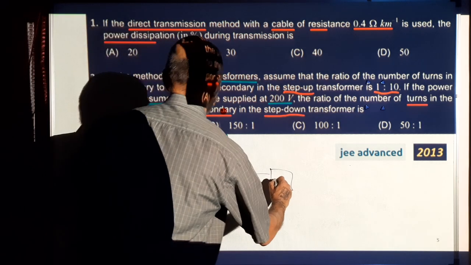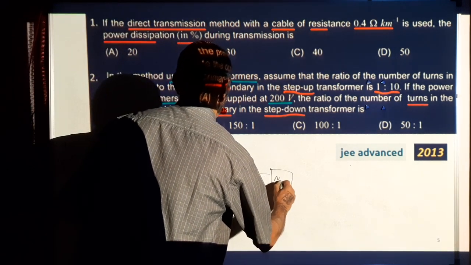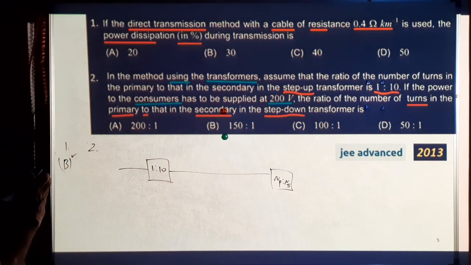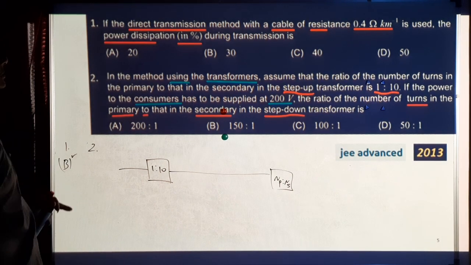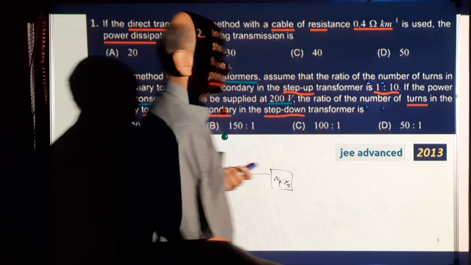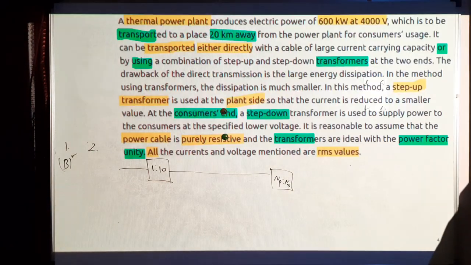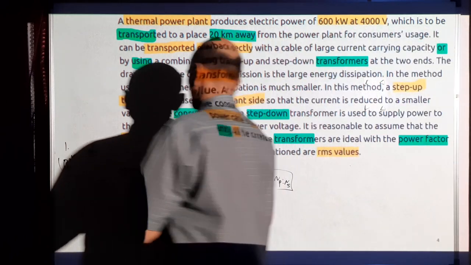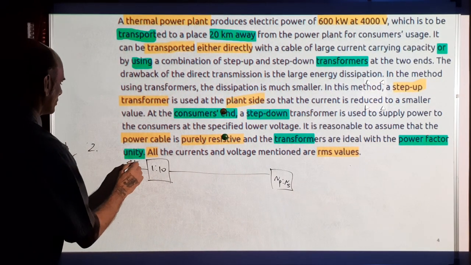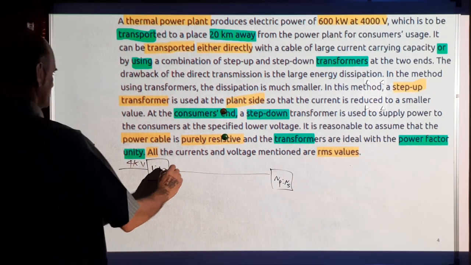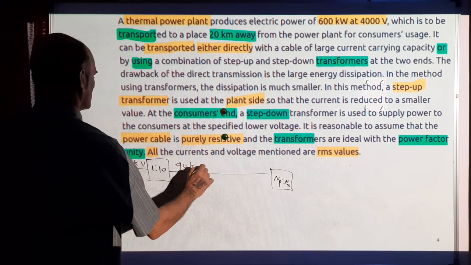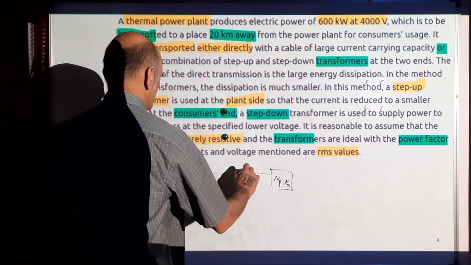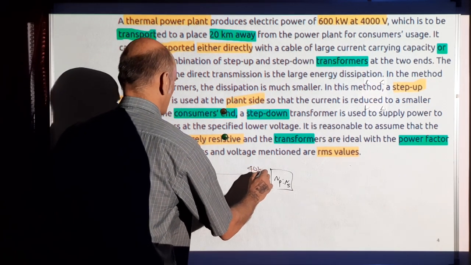And here we have to find the ratio NP:NS. So the plant voltage rating is 4000 volts, it's 4K. So 10 times that will be 40K volts. That is the same voltage here. This drop will be negligible. So here also it's 40K volts.